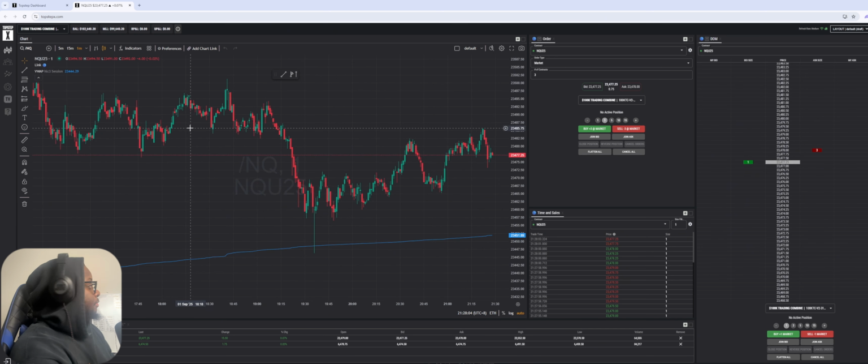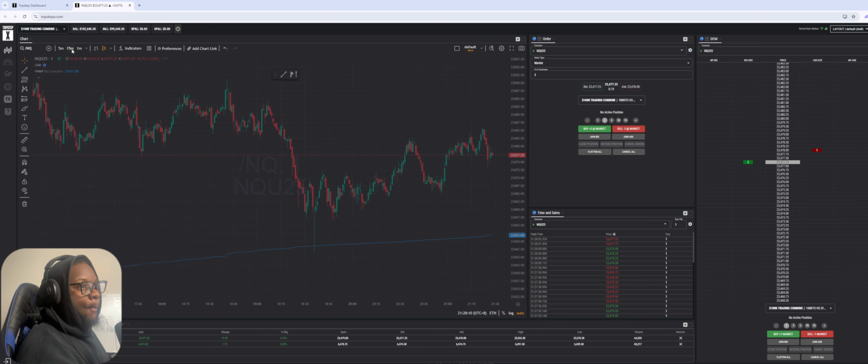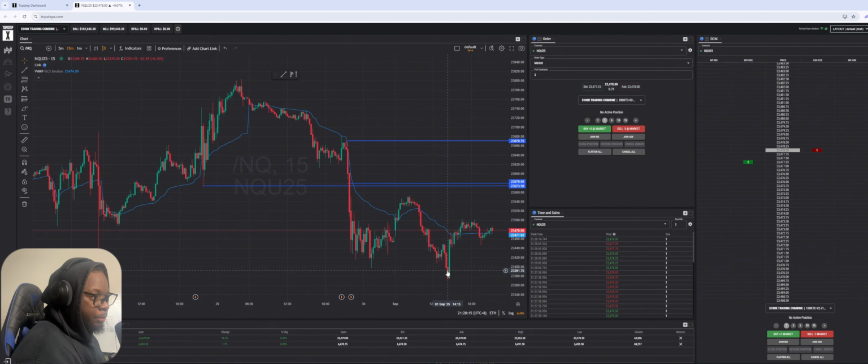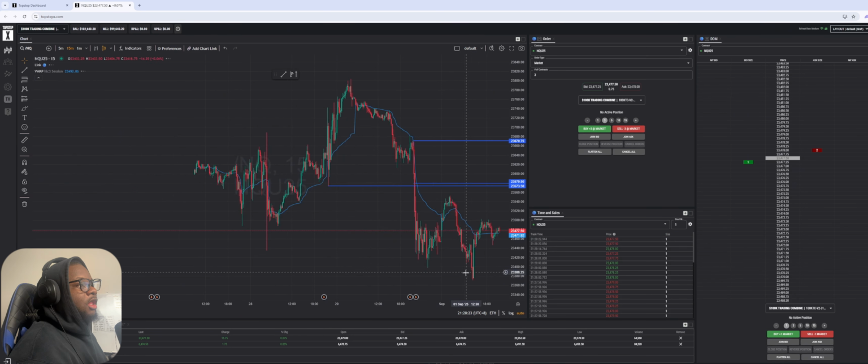2 minutes to open. We'll see what happens. I'm low key speculating that these lows here get taken out from London session, but I don't know.